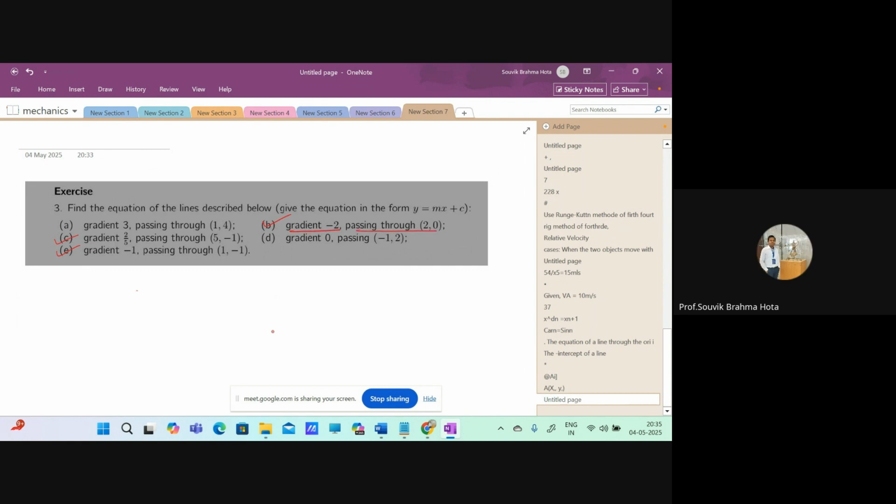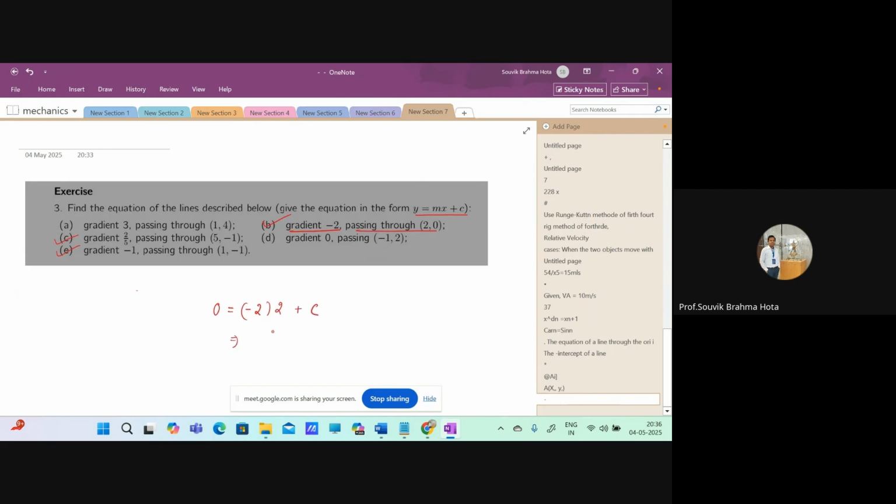So therefore, the basic equation y is equal to mx plus c is there. What I need to do first is put the values in that equation. That means for y put 0 and for x put 2. So 0 is equal to m is minus 2 and x is 2 plus c.